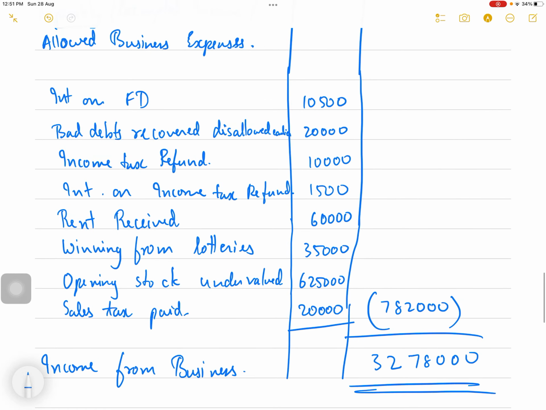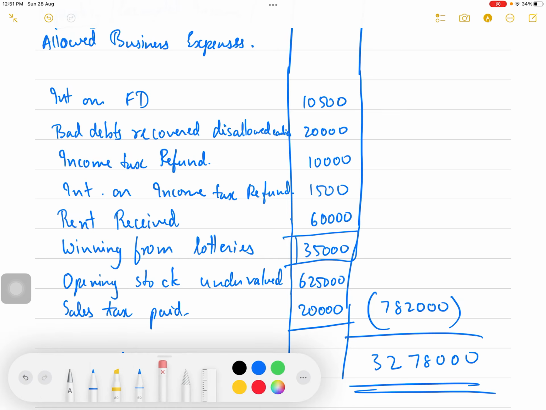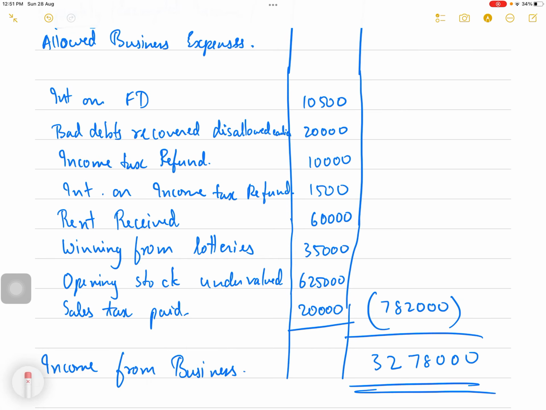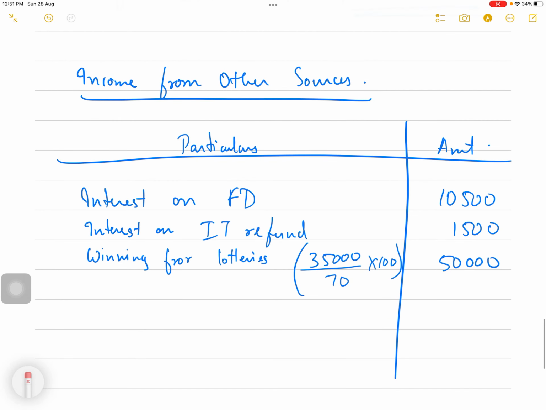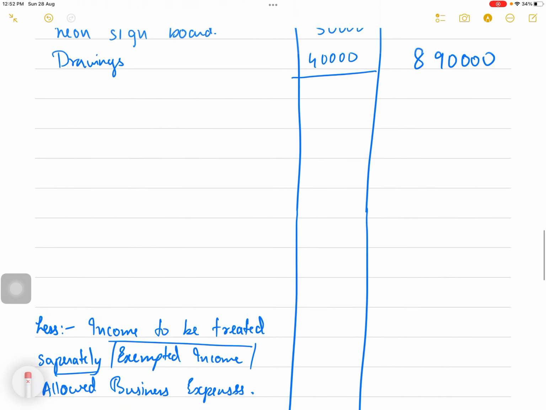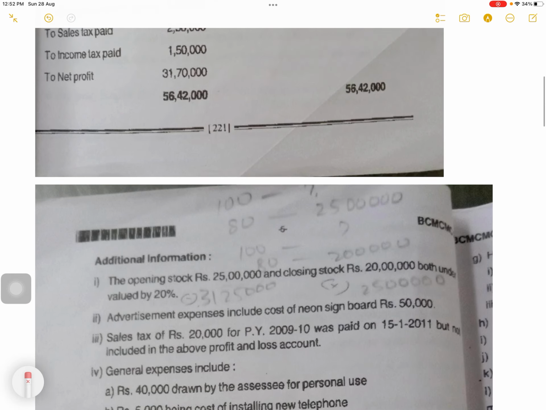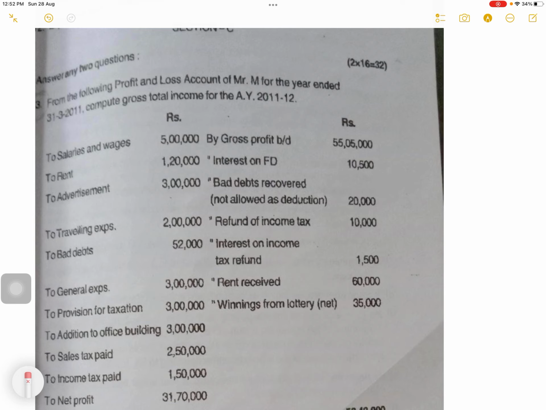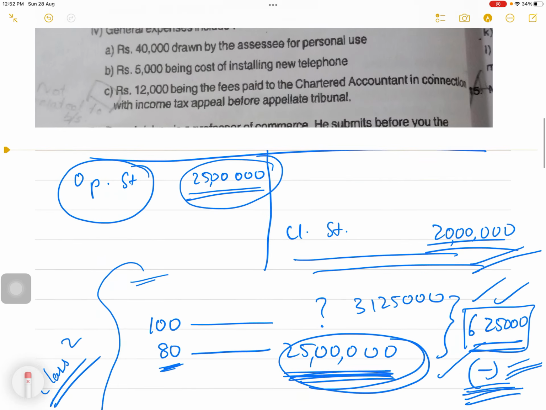Okay, so while calculating income from business, you will remove 35,000 only. You will not deduct 50,000, because in the P&L it is 35,000, and that effect we are removing. But while showing income from other source, the income is 50,000. That's it.